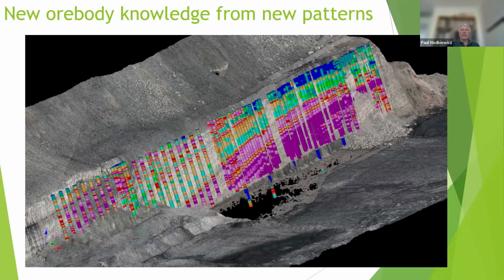And then when we look at the information from BlastDog, which includes things like gamma, magsus and conductivity, integrated with measure-while-drilling data from the blast hole drilling itself, we can see that these features really do capture a lot of the sedimentary texture that we see in the high wall.